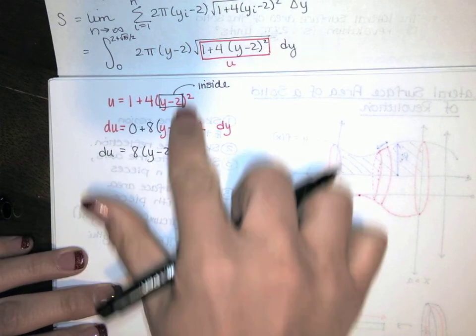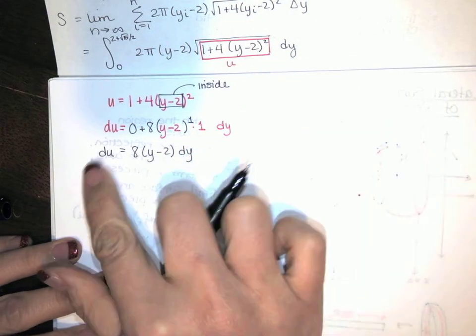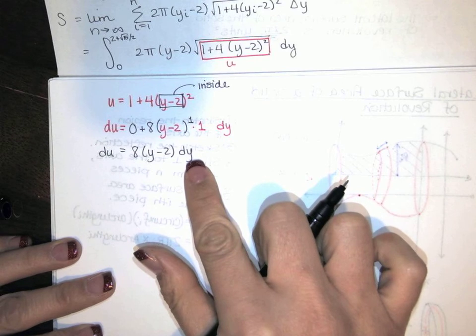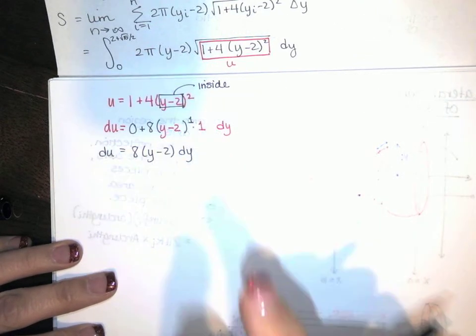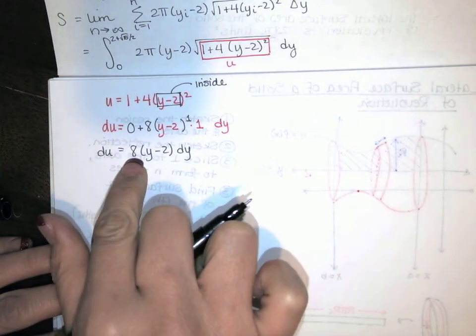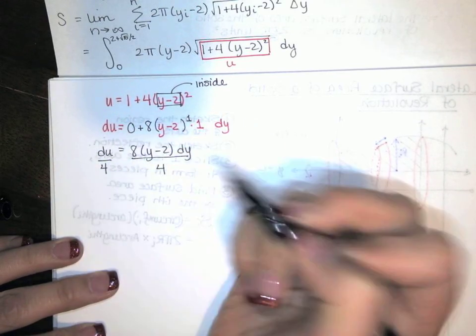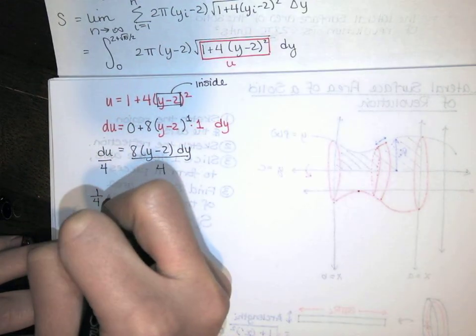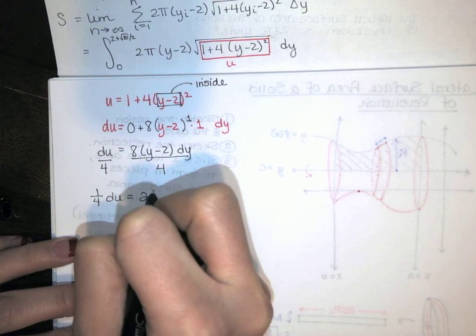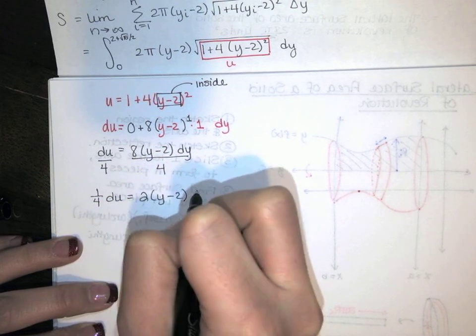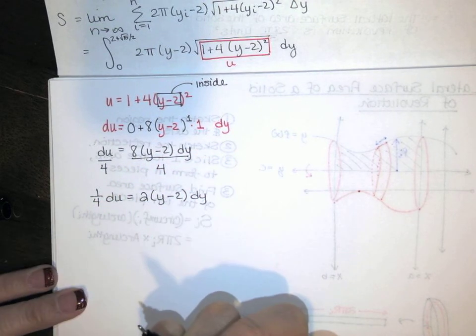Now I look at this and I compare to what's up here. Do I have this? No, but I've got a 2 and a y minus 2 and a dy. If I want to make that a 2, I'll just divide both sides by 4. So 1/4 of du turns out to be the 2 times the quantity y minus 2 dy that we have up there.